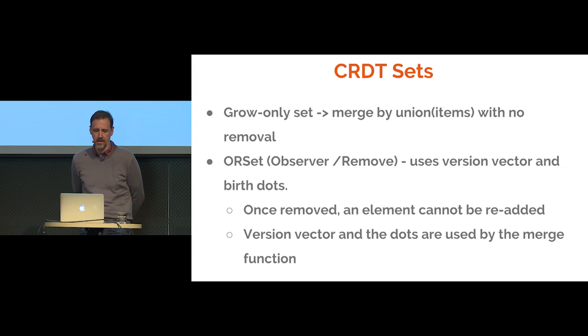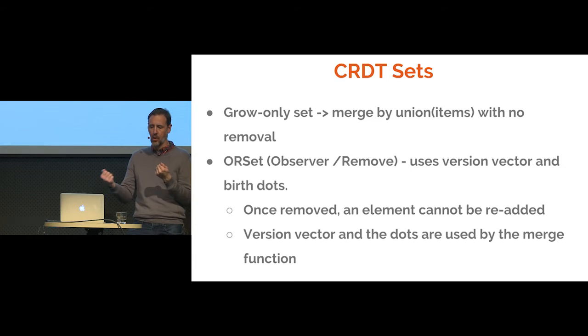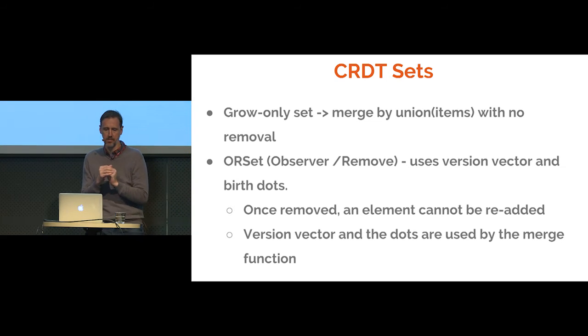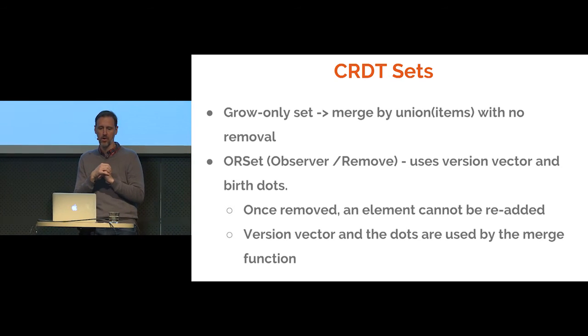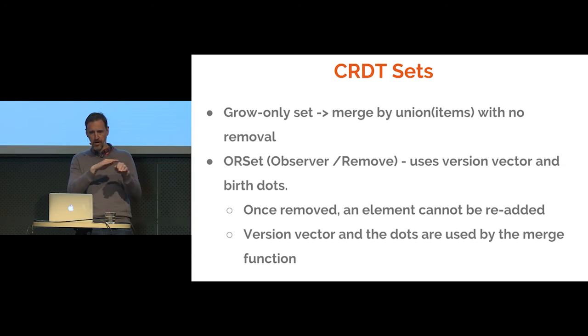CRDT sets. These are grow-only sets, right? That means I can only add items to my set. I can never remove. And when those sets are merged across nodes, it's basically the union of items. So it's a type of set that I can't remove from. And then I can build on a grow-only set to build what's called an OR set, an observed-remove set. Just like I have a monotonically increasing counter and a monotonically increasing decrement counter, I can do the same thing with my sets.